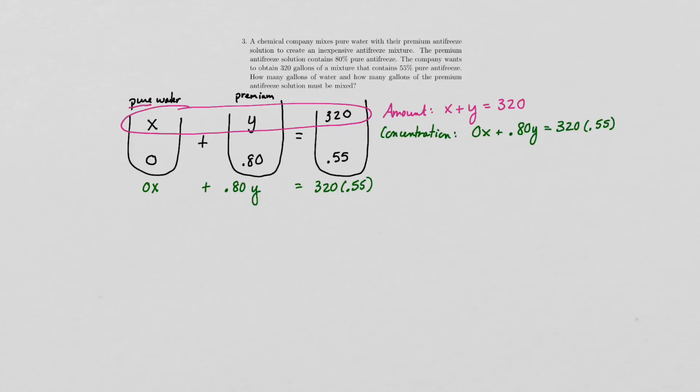Now, 0x, right? 0x, that's just 0. And then 320 times 0.55, this part here is 176.